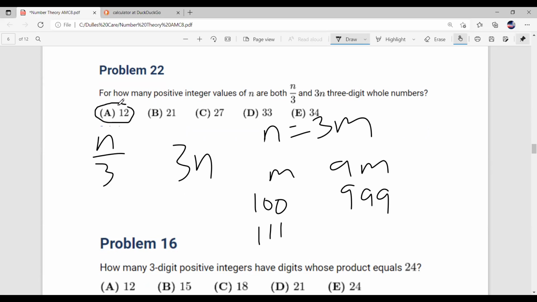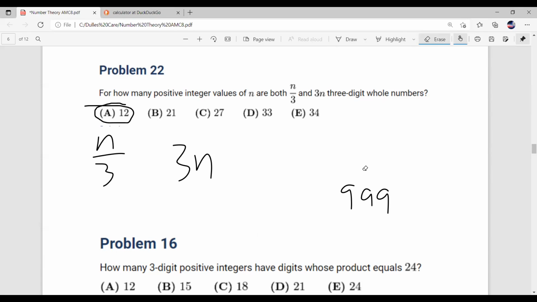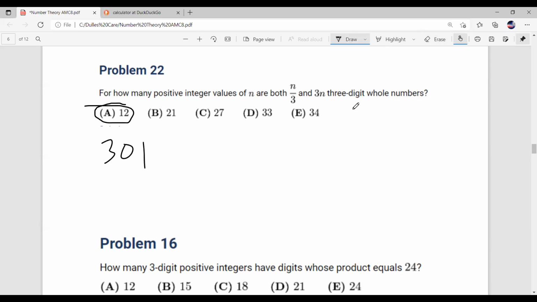So why is it not 34? Well, if you consider the numbers from 300 to 333, let's consider n is equal to 301. 301 is a number from 300 to 333, right? However, 301 is not a multiple of 3. That means that if 301 is equal to n, then n over 3 is not equal to a whole number, if that makes sense.